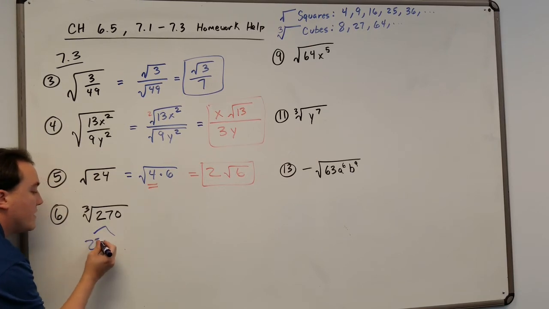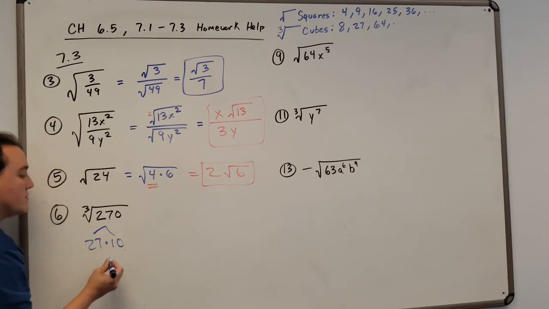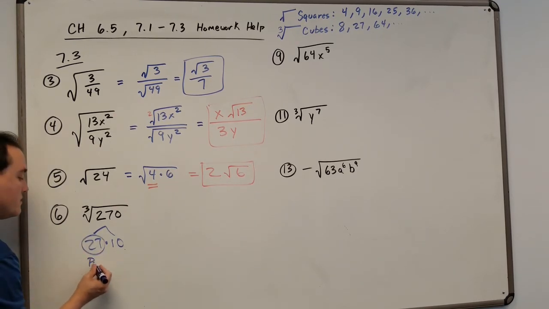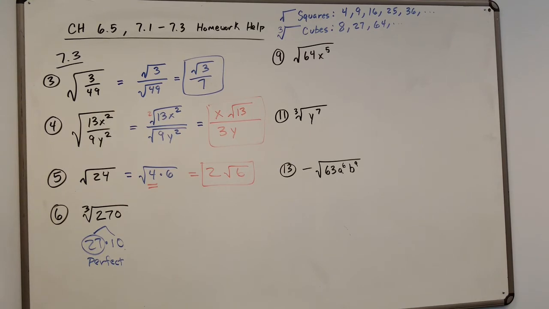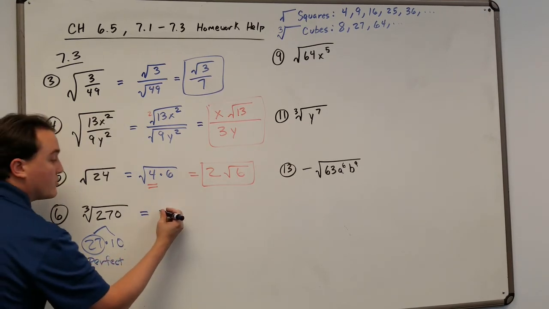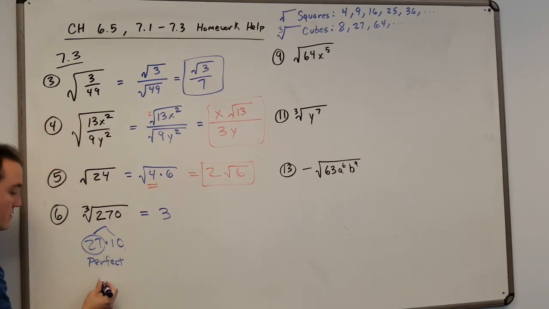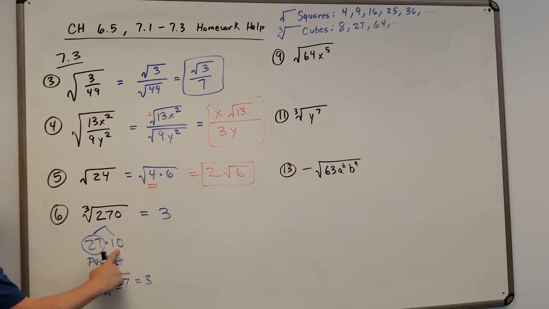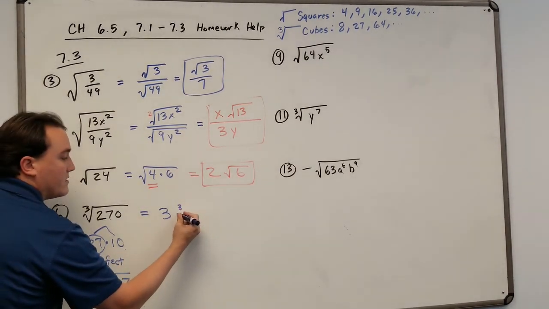Well, this is 27 times 10. This is perfect. So we can take that out. The cube root of 27 is 3, right? But we can't do anything with the 10, so that will stay in.